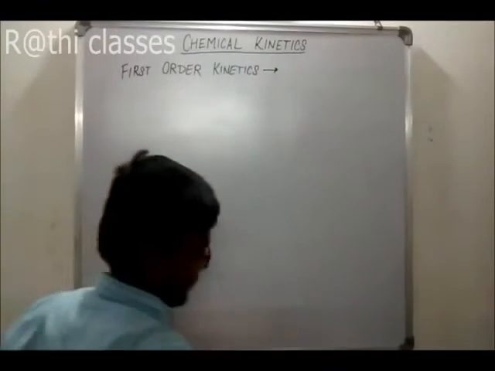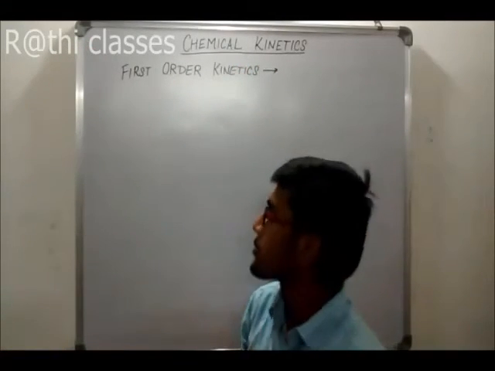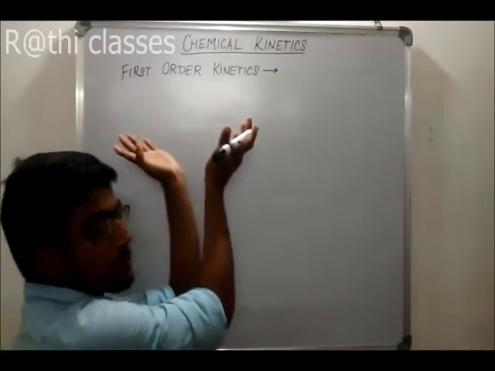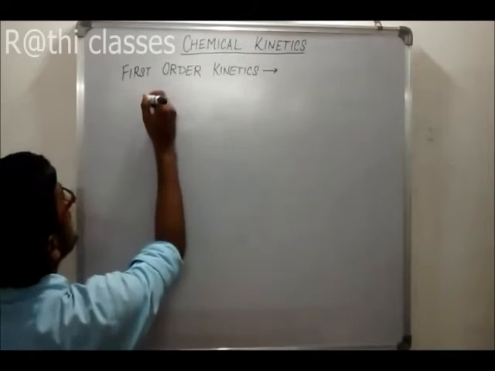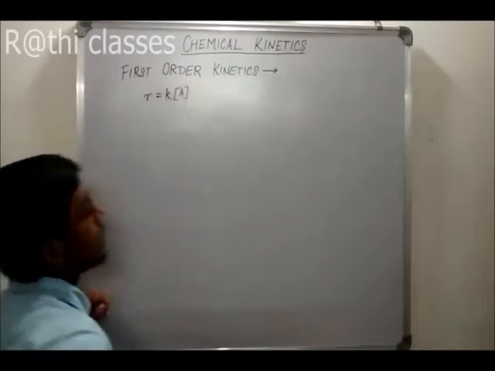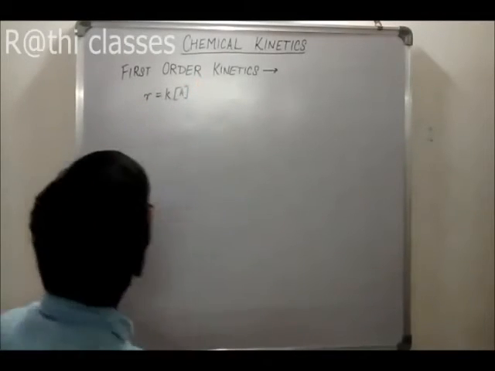First order kinetics. As we have completed the rate of reaction, we can simply write the rate law expression for first order kinetics, which will be looking like R equal to K into concentration of A, power is 1.